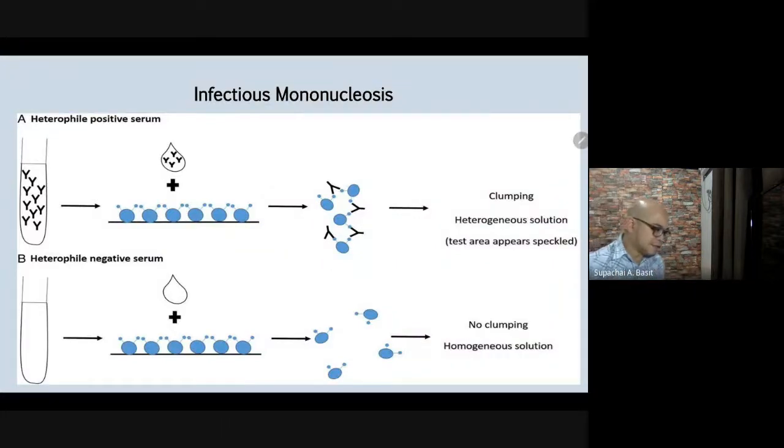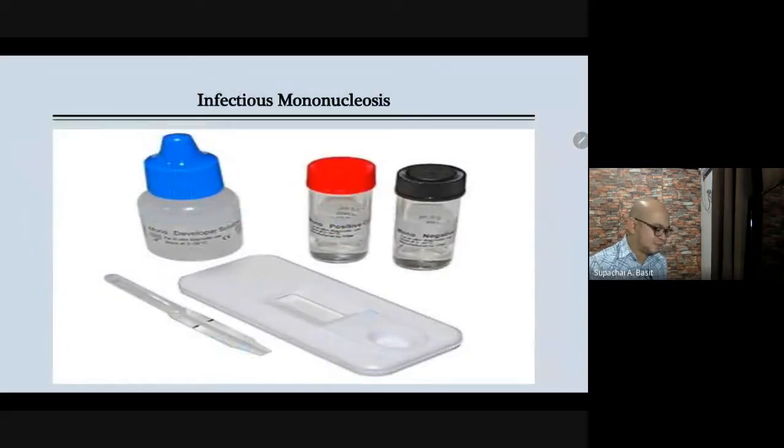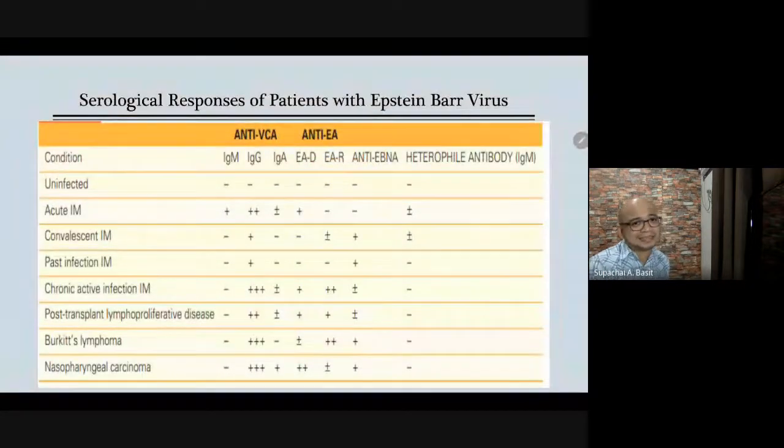A heterophil positive serum is characterized by clumping, and a heterophil negative serum means that there is no clumping. This method is also available as an immunochromatographic assay.